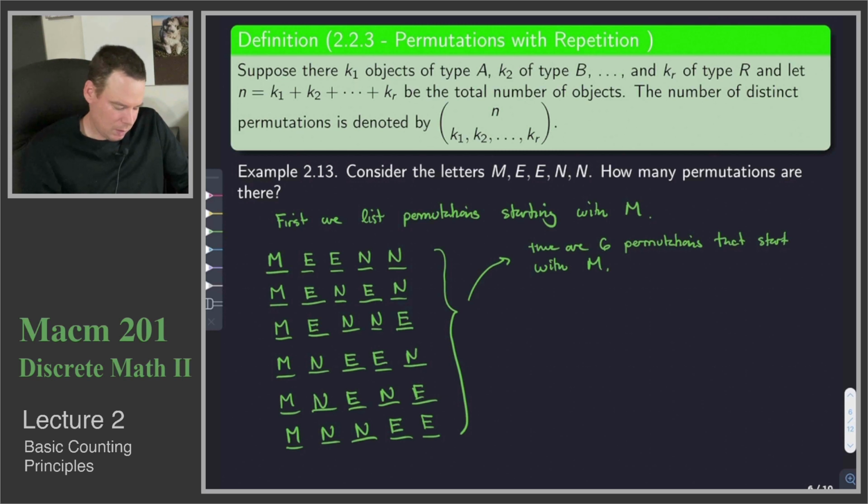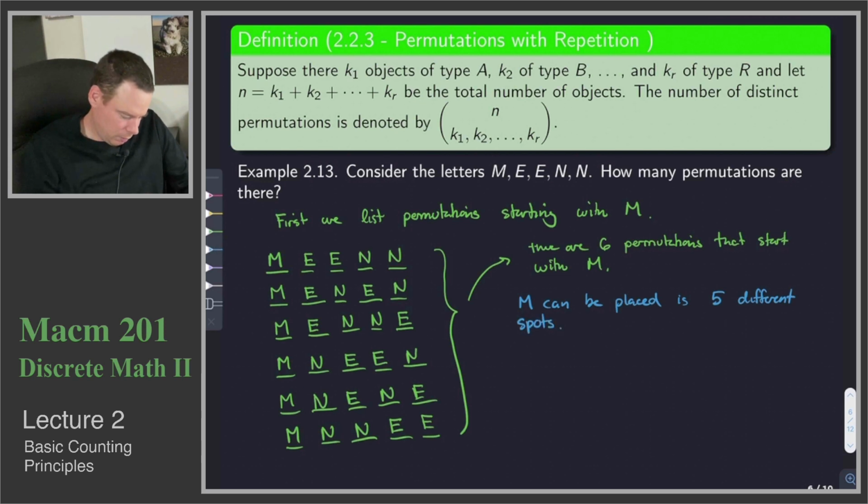So E, M, E, N, N. Or if I ignore it, I could put it here. Or if I ignore the M at the start and instead put it there. So I've got a few different spots I can put the M in, inserting it between these 6. So what this means is M can be placed in 5 different spots.